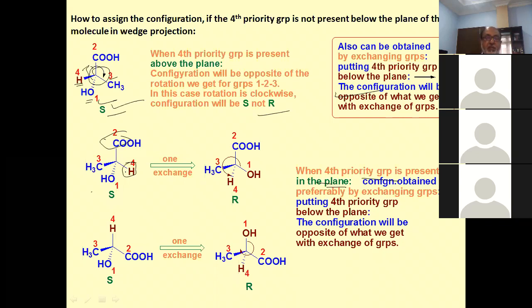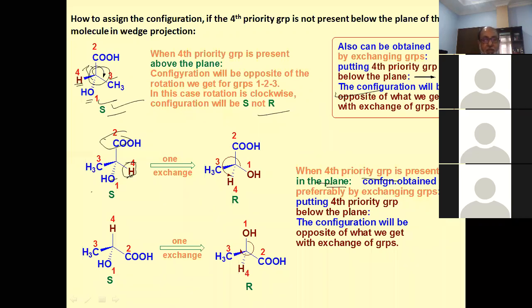To avoid confusion, the simple thing is to make one exchange and bring the fourth priority group behind. If you bring it here, OH here, then by making one exchange, what are you getting?